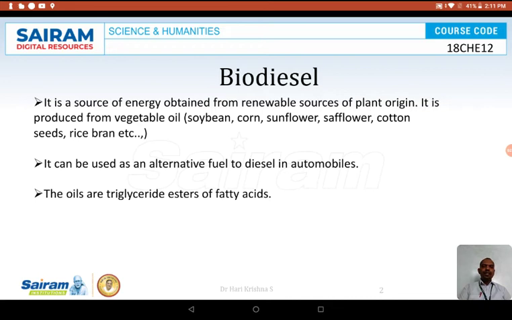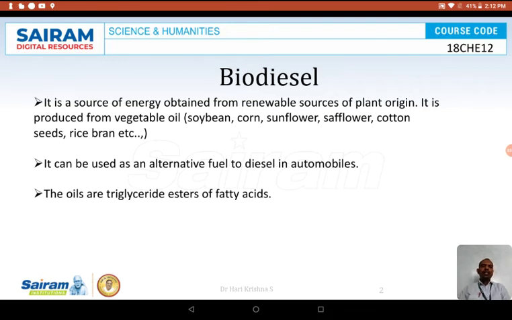When we heat this to 60 degrees Celsius, biodiesel and glycerol will be formed. Biodiesel obtained in this process can be used as an alternate fuel for fossil fuels in almost all automobiles where diesel is used.